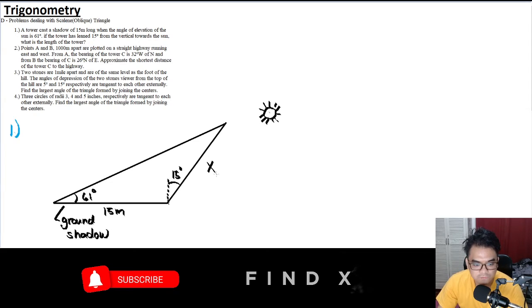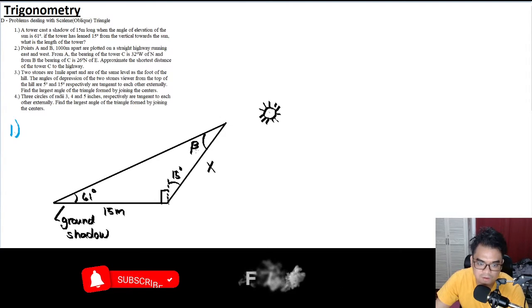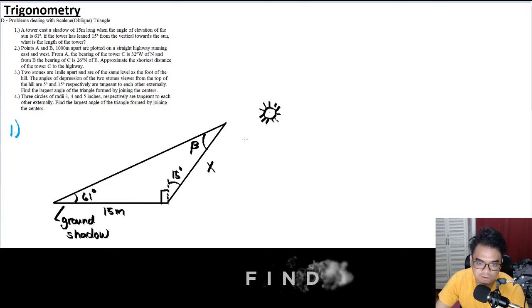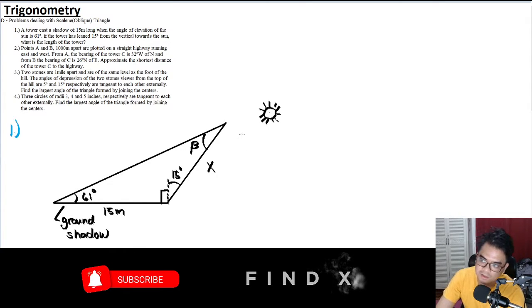I think for this one you can just use the sine law. So this is 90, and let's say that this is beta. We all know that the total angle of the triangle should be 180.